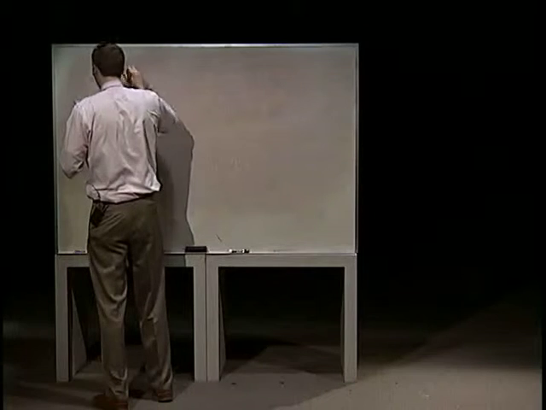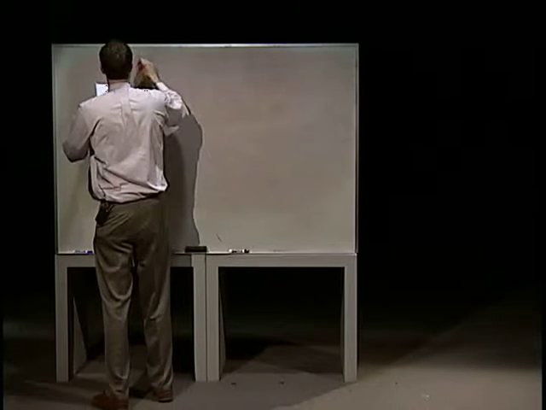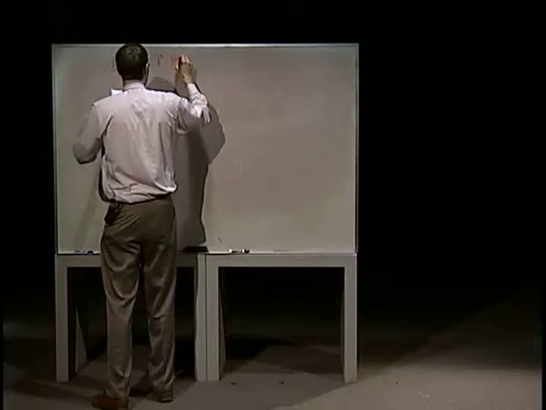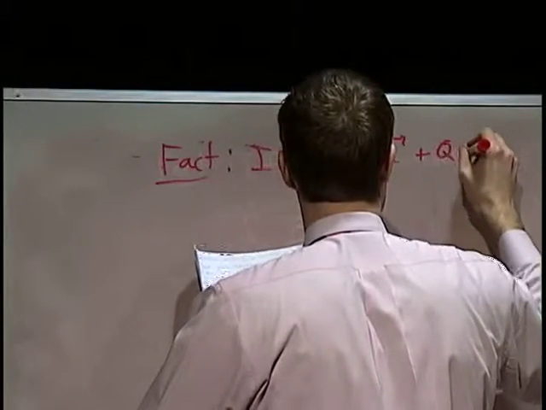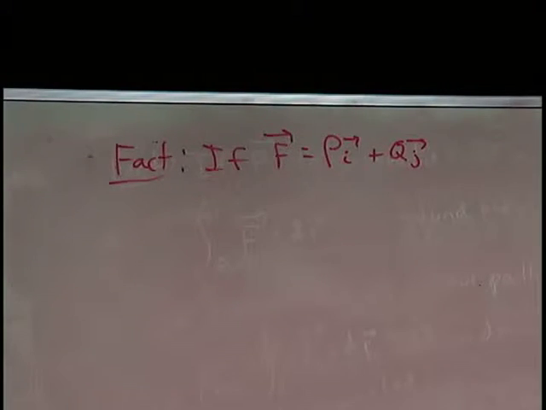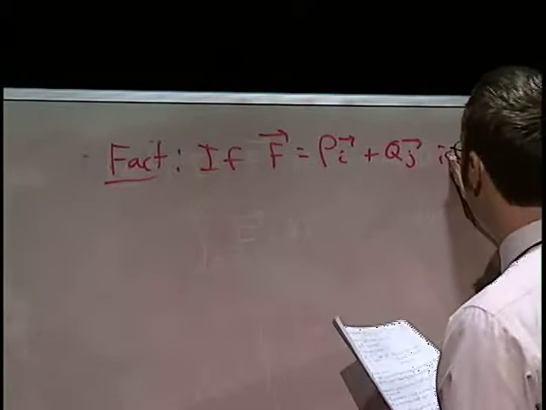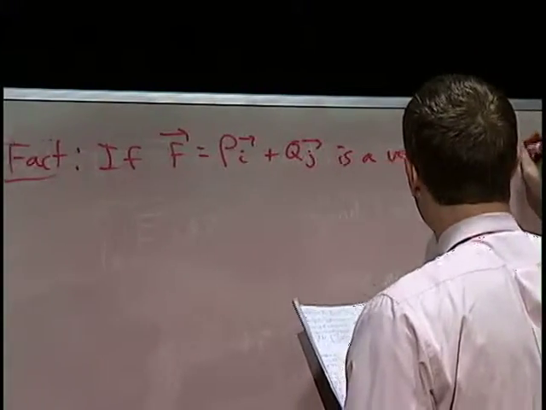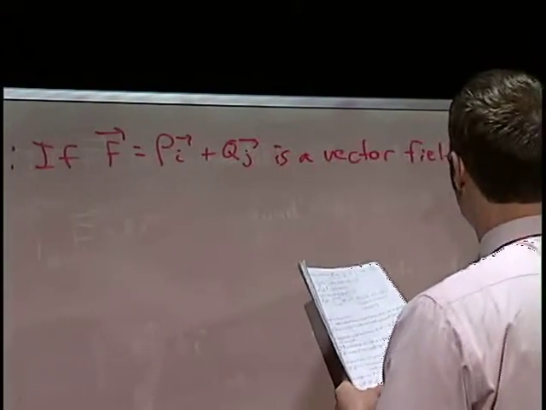So fact. I'm going to work first in the 2D case, and then we'll move to the 3D case. So you have some vector field, Pi plus Qj. What are the requirements?